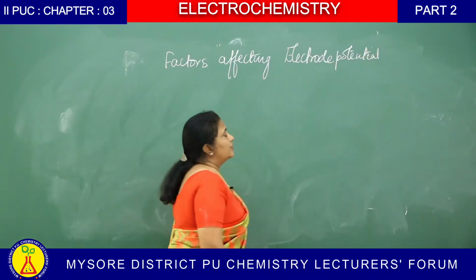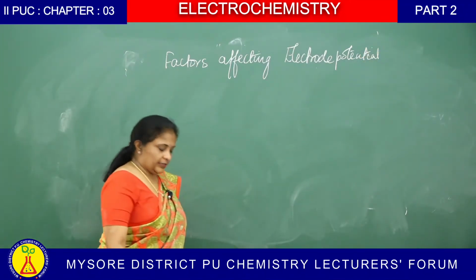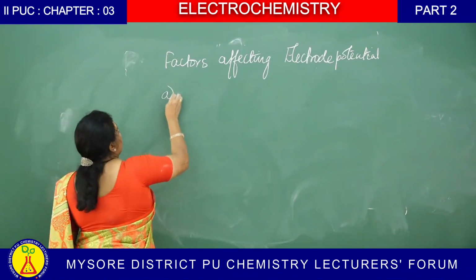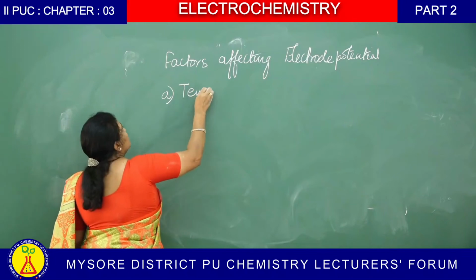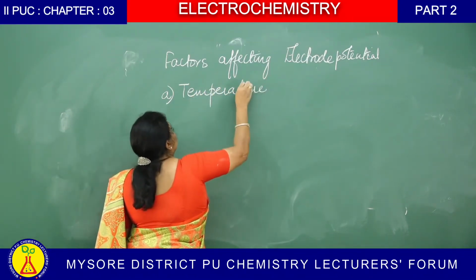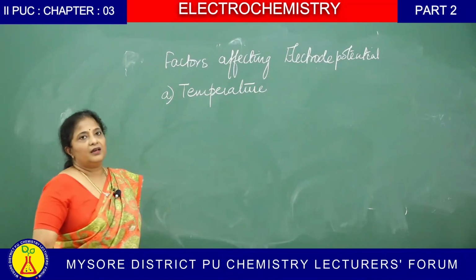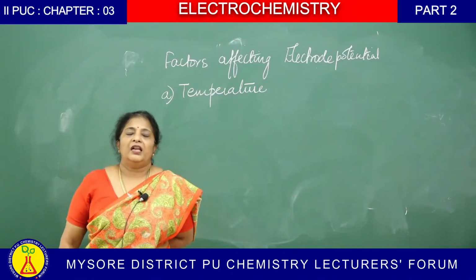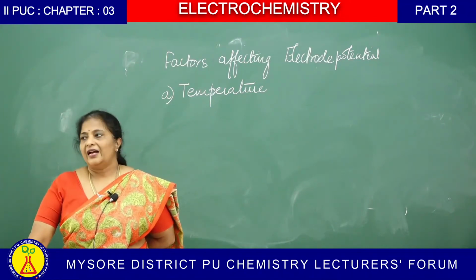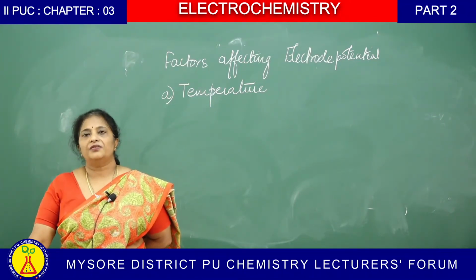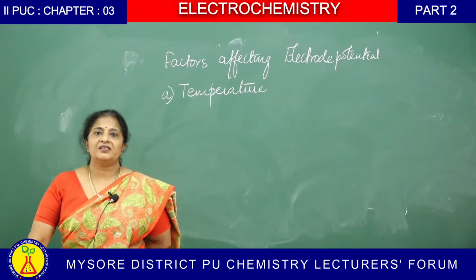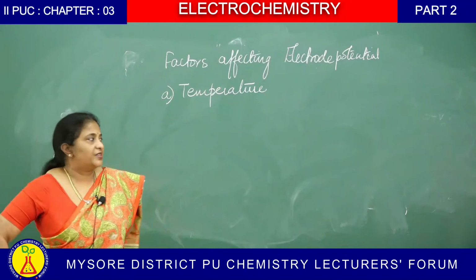What are the factors affecting the electrode potential? The first factor which affects electrode potential is temperature. The reason being, here the electrode potential depends upon the concentration of the ions, and we are taking the concentration of the ions in molarity, and we know molarity is dependent on temperature.